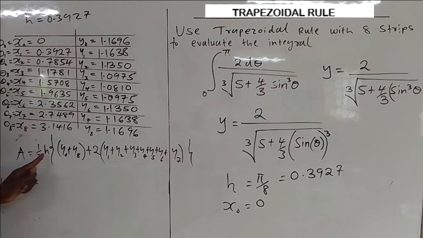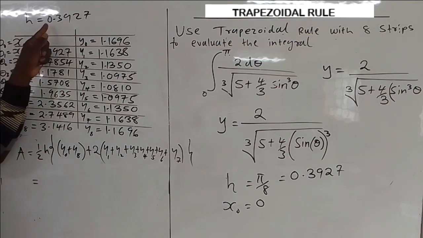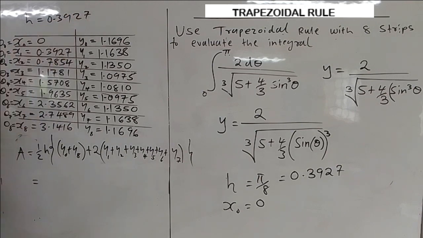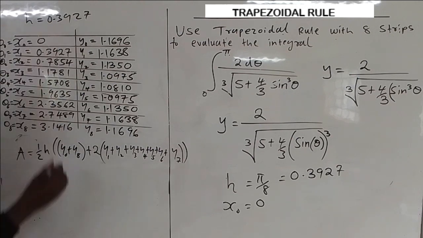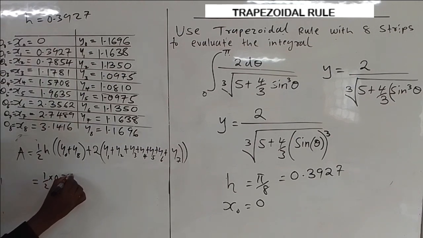Then you put a half times h, a half times 0.3927. Go to the calculator. And remember, because this bracket is not in the calculator, look at what is there. Bracket, bracket. It is a half times h, which is 0.3927.